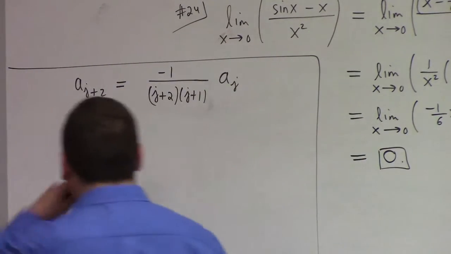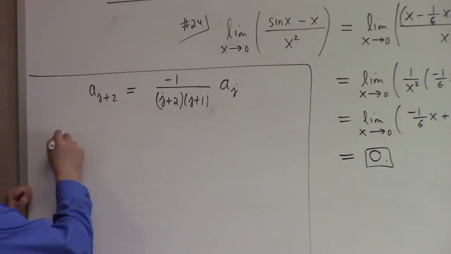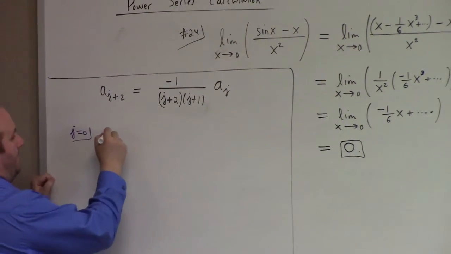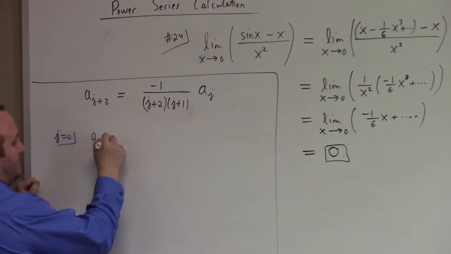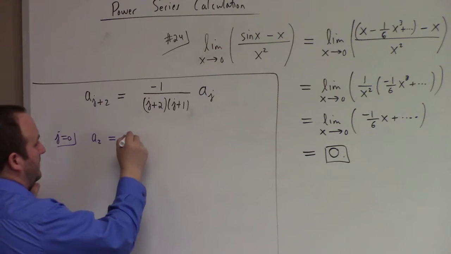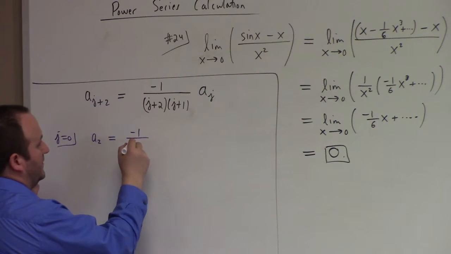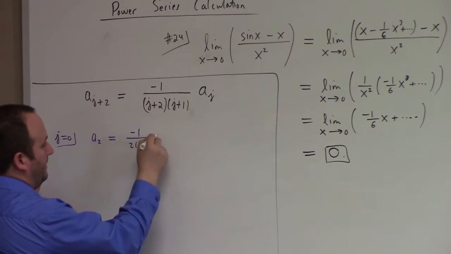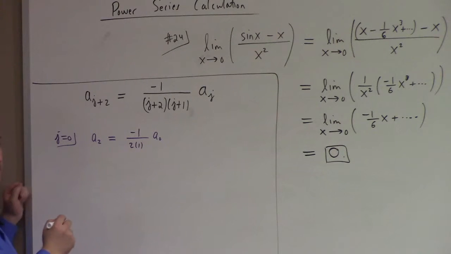Let's start out with j equals 0. What do we get for j equals 0? We get a sub 2 is what? Minus 1 over 2 times 1, a sub 0, right? It looks to me like there's going to be a connection between the even terms, right? So rather than doing j equals 1 next, I'm going to do j equals 2 next, because I'm already starting to see a pattern.